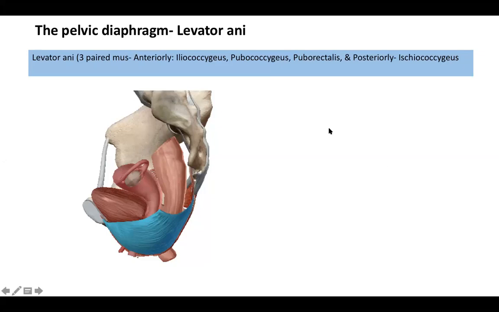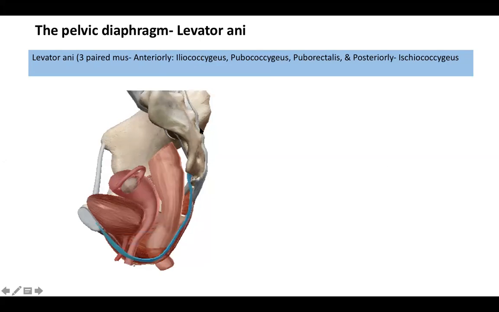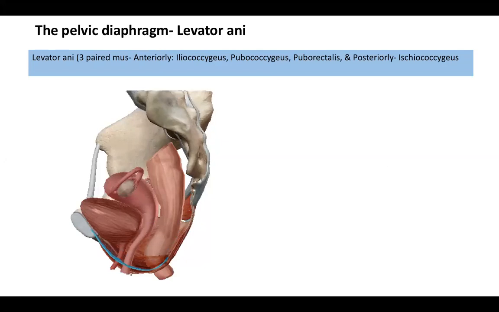If we look at the muscles, in blue you can see the iliococcygeus. This is a paired muscle. Then there is the pubococcygeus, and then the puborectalis. All these three together form a sling anteriorly, which separates the rectum from the anal canal.